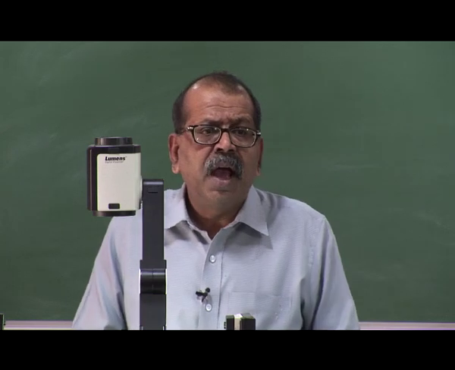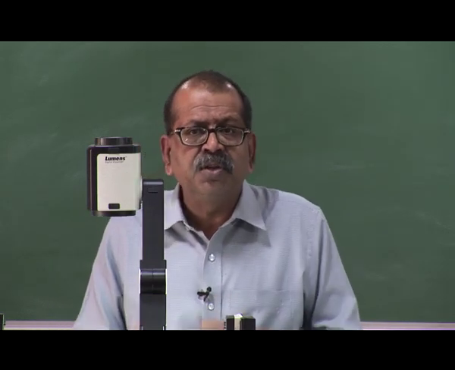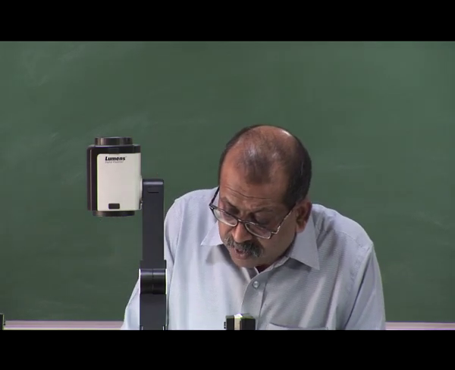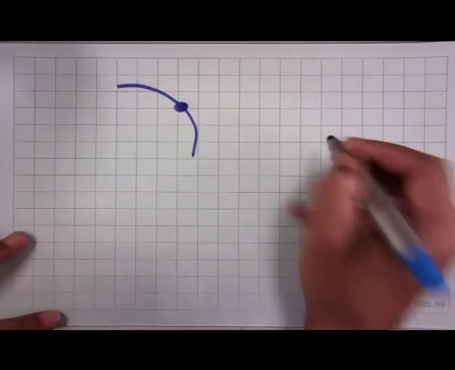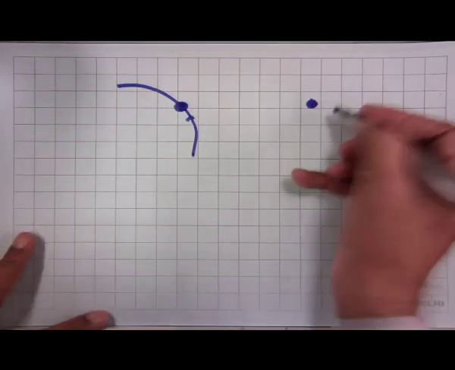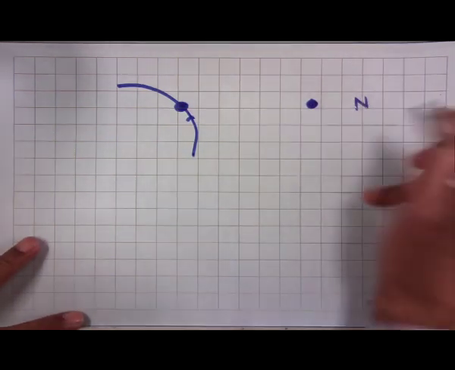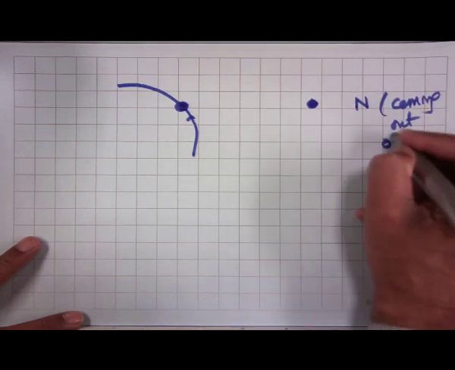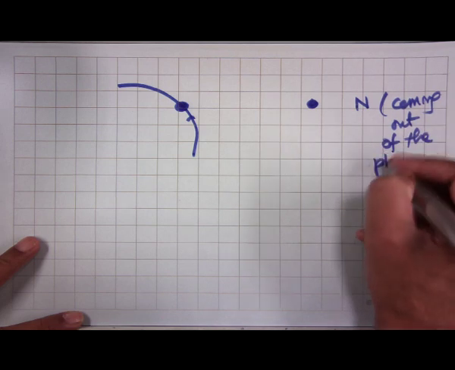Let us now analyze the passenger sitting on the rear seat of the car. So, we draw the free body diagram of the passenger. The car is moving like this. Now, what we find is that there is a normal reaction which is coming out of the plane of the paper.